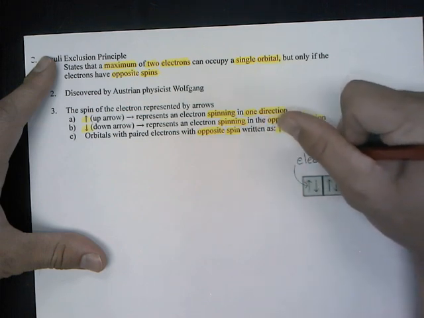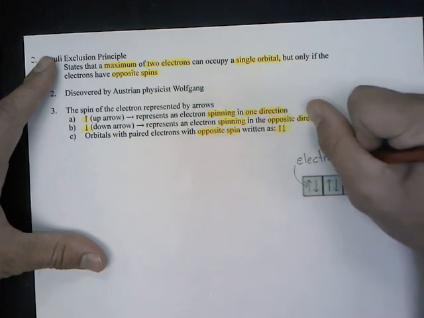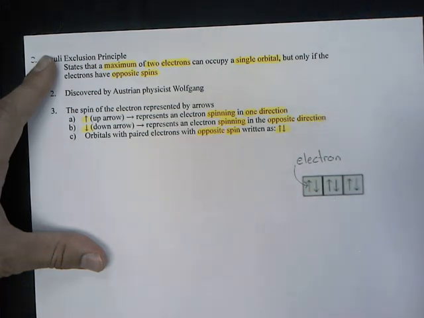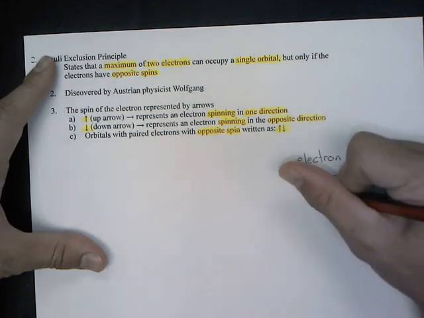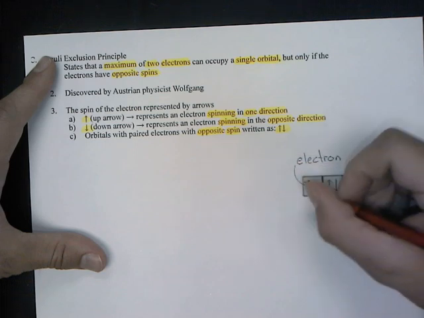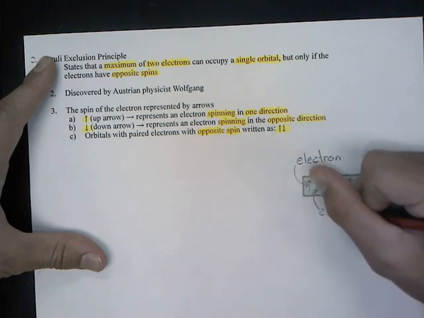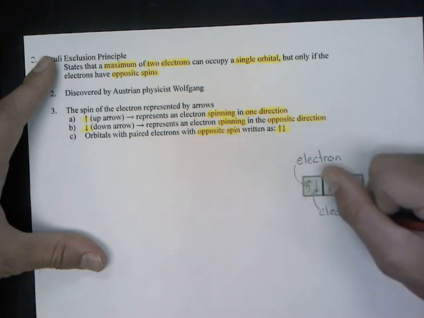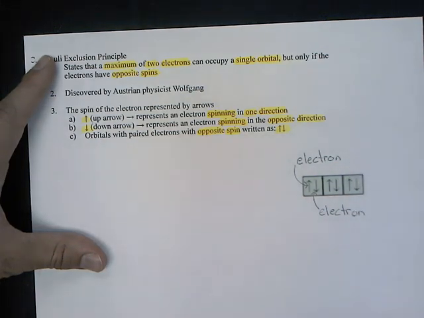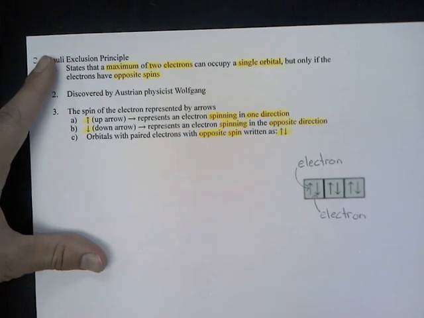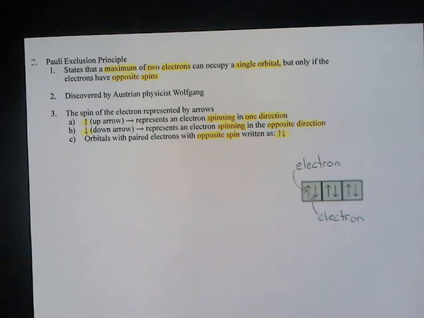So the up and down arrows each represent an electron, and the up represents one spin, and the down represents the opposite spin of an electron.